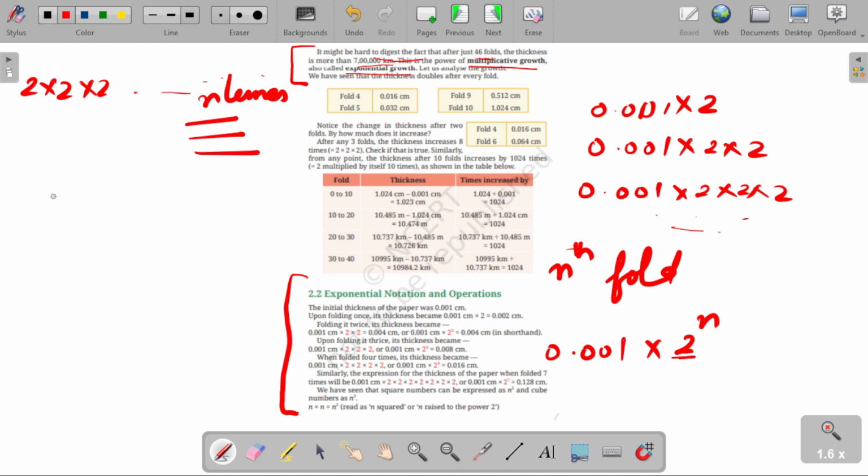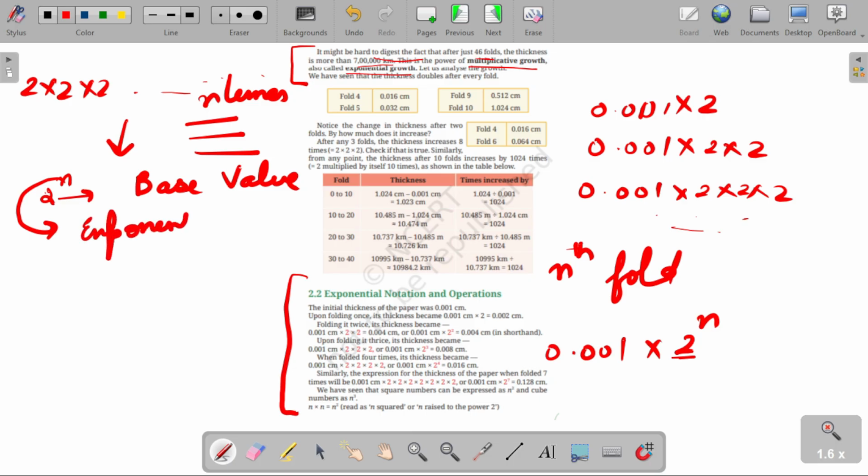So what the concern is, multiplying the term leads us to the exponential form of that term, where 2 is expressing the base value and n, which is at the top, is known as the exponent or power.